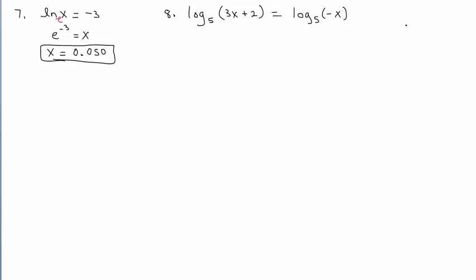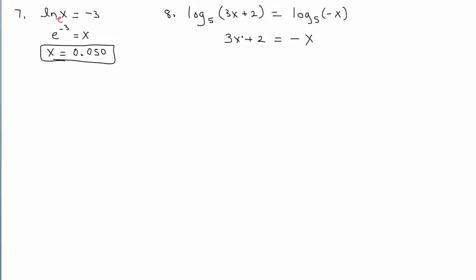You don't have multiple log terms. You just have one log base 5 on each side of the equation. Well, those drop out. So if log base 5 is on both sides and that's all you have, dropping them out tells us that 3x plus 2 must equal -x.